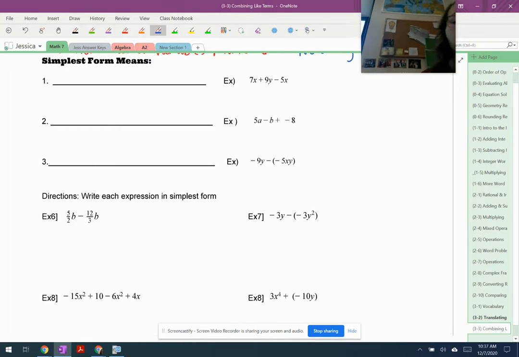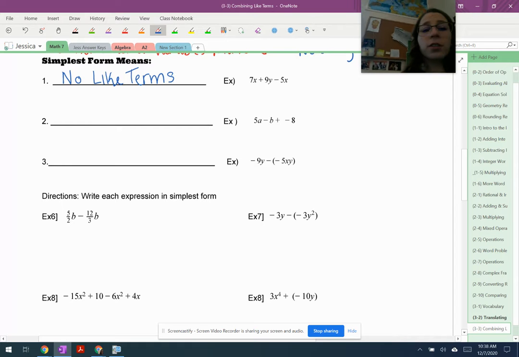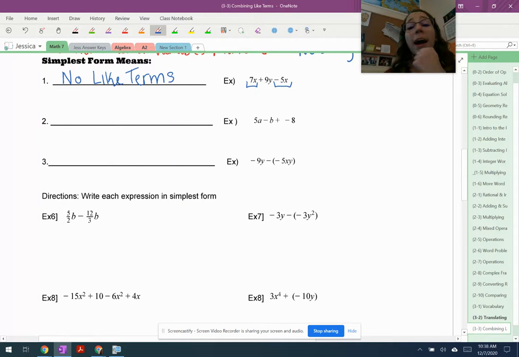And that first one is that there needs to be no like terms. So looking at my first little example over there, I have 7x plus 9y minus 5x. The 7x and the negative 5x are like terms because they both have the same variable, x, and exponents of 1. So I can combine those like I'm adding 7 apples plus negative 5 apples.